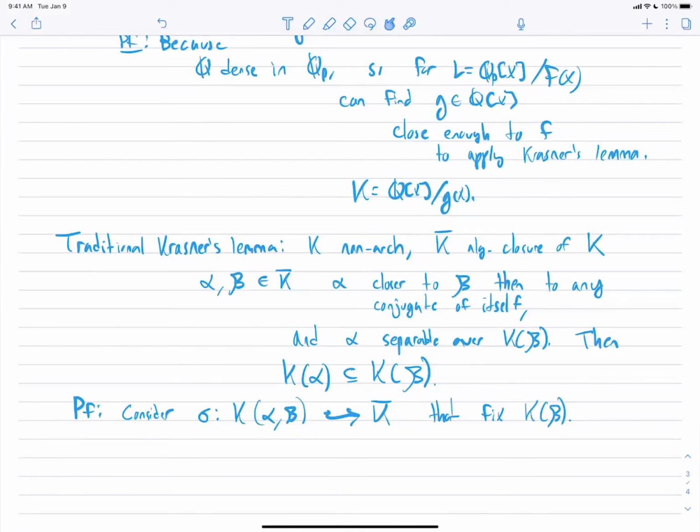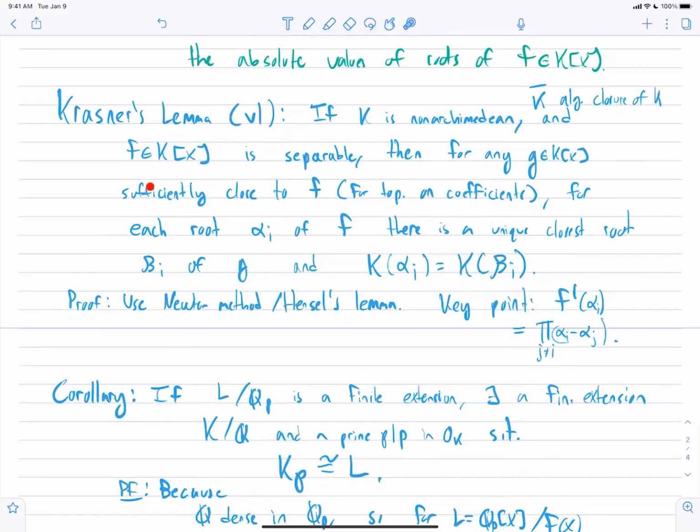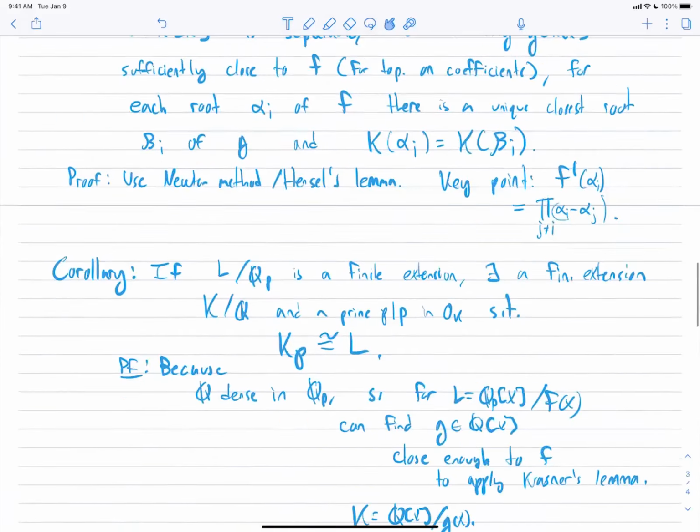But you should think that through yourself. This is a useful formulation sometimes, but for me it's always been more helpful to keep in my head the formulation about roots of nearby polynomials. But pick your poison.